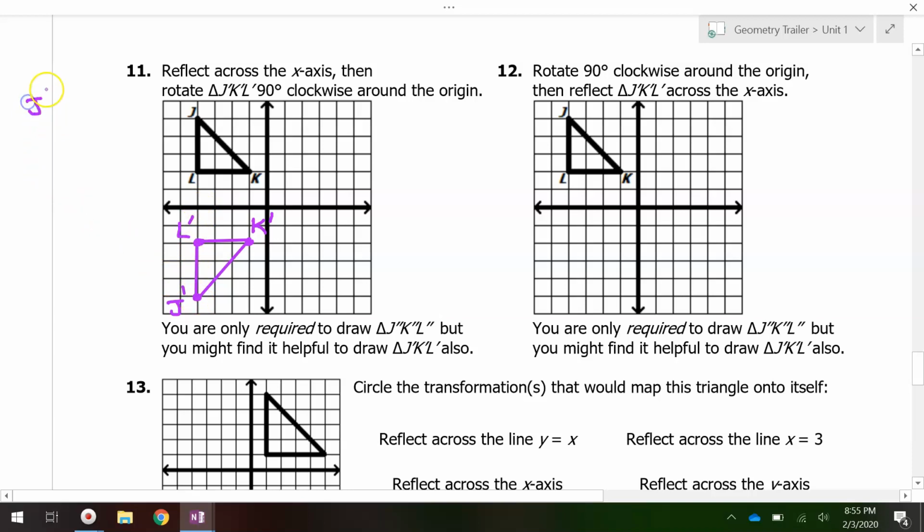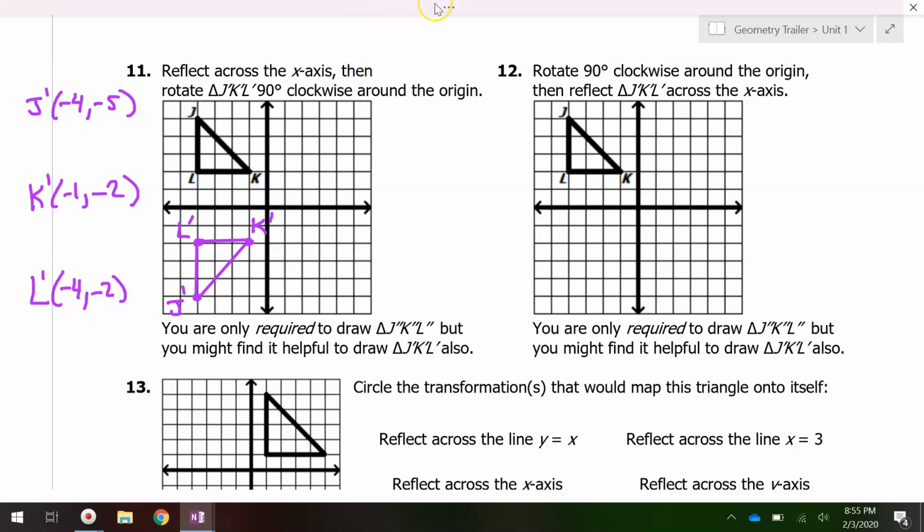So J prime is -4, -5. And then K prime is -1, -2. And L prime is -4, -2.